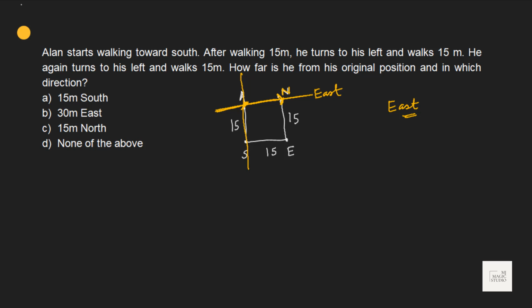The distance between A and N, we can see that ASEN is a square, 15, 15, 15. It should also be 15. So it should be 15 meter east. The options were 15 meters south, 30, 15 north, none of the above. The actual answer is 15 meter east.